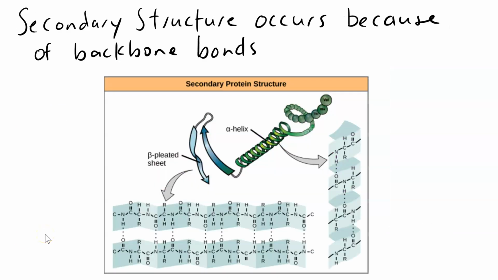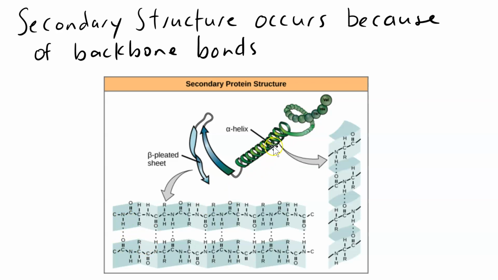Okay, so secondary structure for a protein occurs because of interactions between components of the protein backbone. That is to say, between the amino and carboxyl groups, you're going to see folding occur. So, for example, this amino acid here forms a hydrogen bond with this amino acid here, and because of that, it stabilizes a certain shape.